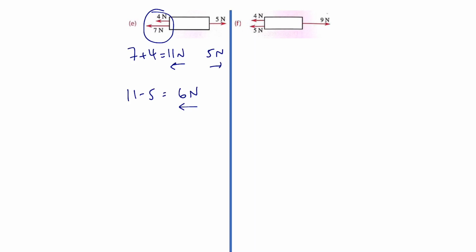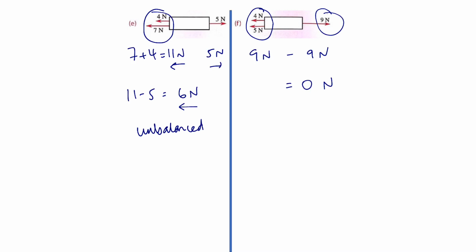For F, again, we treat those two together because they're in the same direction, so that's 9 newtons, that's 5 plus 4, and then we need to take it away from the 9 newtons acting in the opposite direction, so then we have 0 newtons. So E is unbalanced, and because it's 0, we'd call that one balanced.